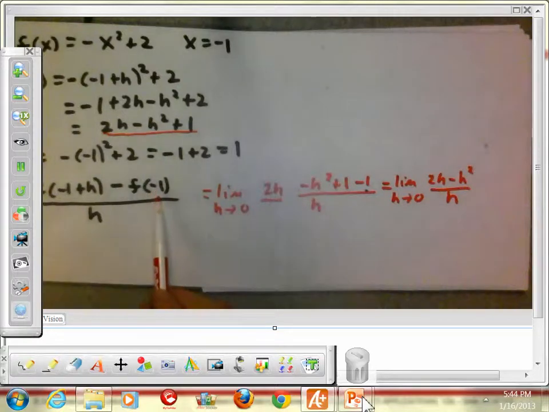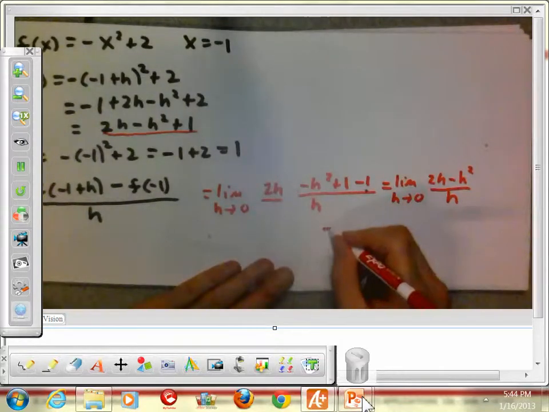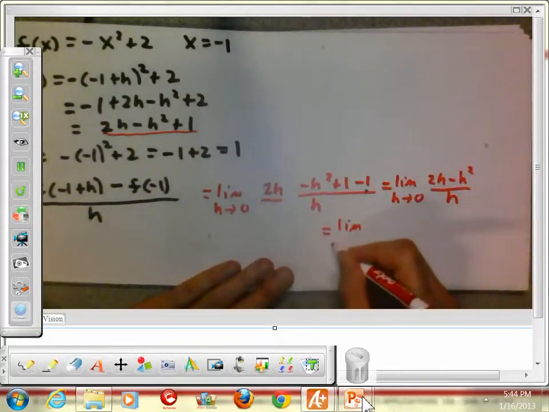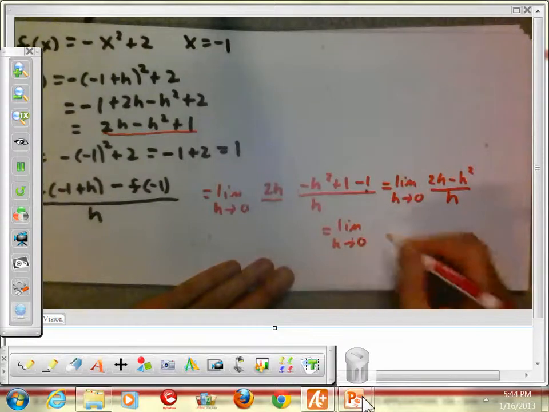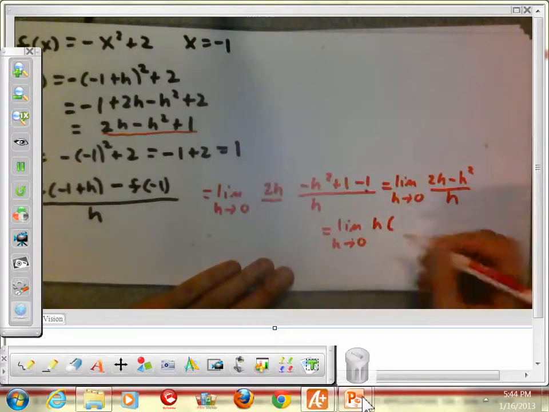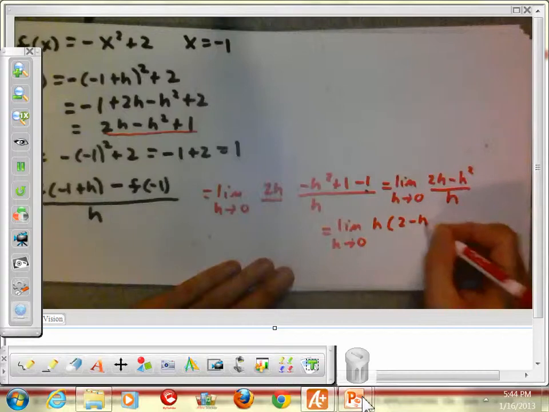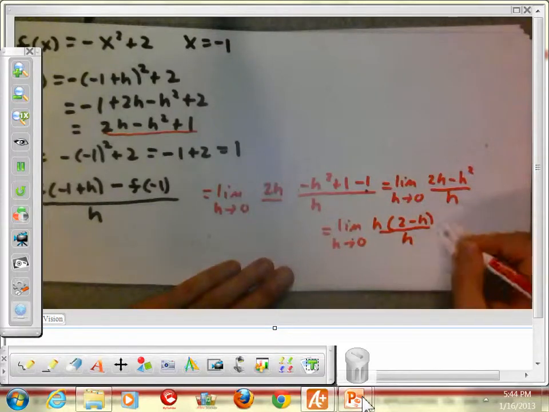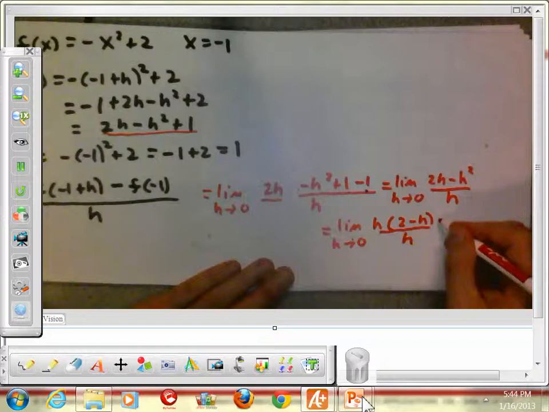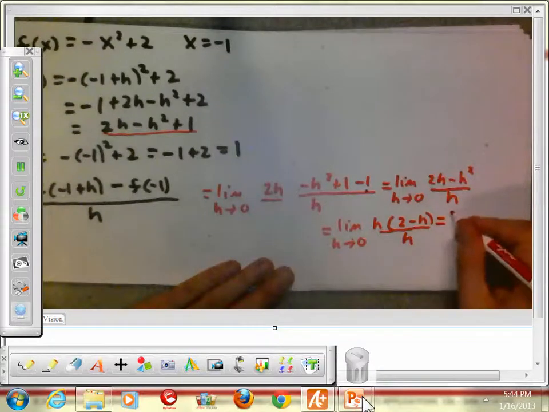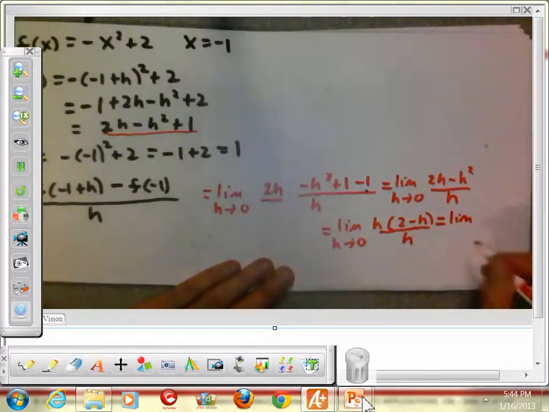Any other questions? Okay, so we wind up with this over here, and we can factor out an h, so this is going to equal the limit as h goes to 0 of h times 2 minus h divided by h. And the h's are going to cancel out, so this is going to be equal to the limit as h goes to 0 of 2 minus h. And if we let h go to 0, this is just going to equal 2.